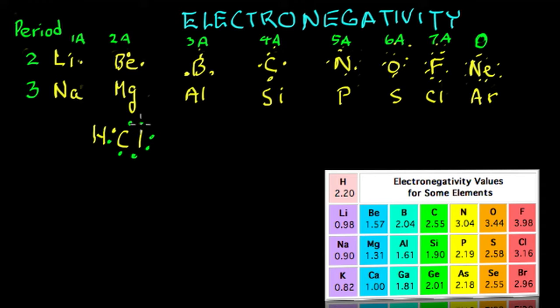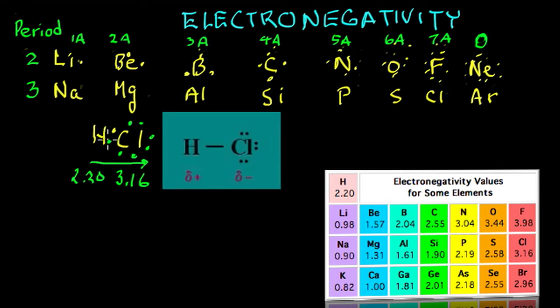If you look on the chart, chlorine's electronegativity is 3.16, whereas hydrogen is only 2.20. So the pair of electrons bonding the two together is pulled more towards the chlorine side. And we say that hydrogen is therefore not positive, but partially positive.